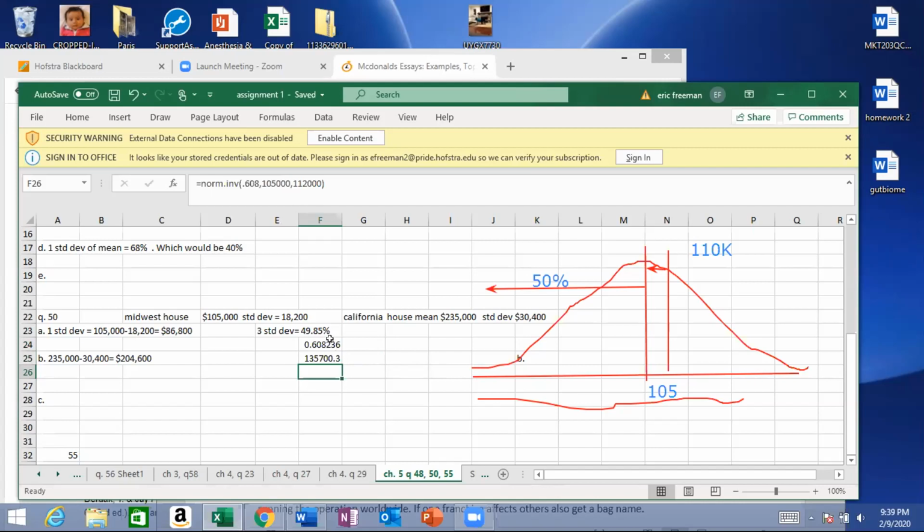The standard deviation, I think you have there 112,000. That can't be right. Oh yeah. He put the current house price instead of the standard deviation, that's why. Go ahead. And that's your 110,000. Right. Okay.